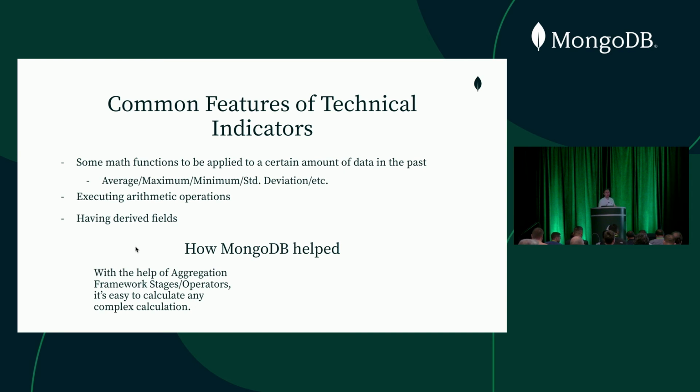The aggregation framework allows you to build this complex calculation easily. There are enough stages and operators that make this complex calculation easier. And time series collections helped me get great performance on this complex calculation.